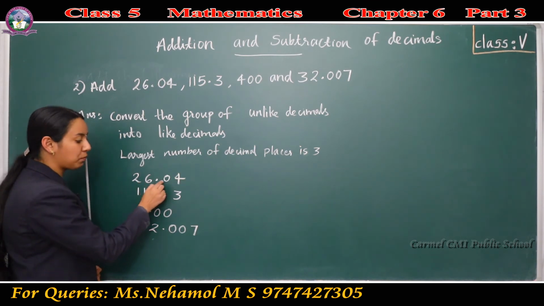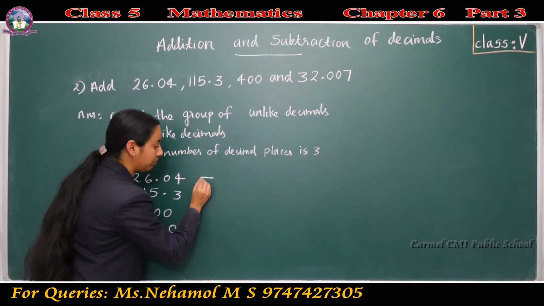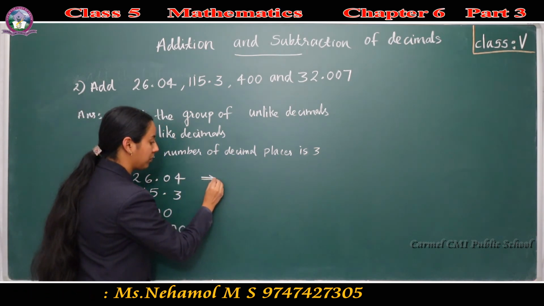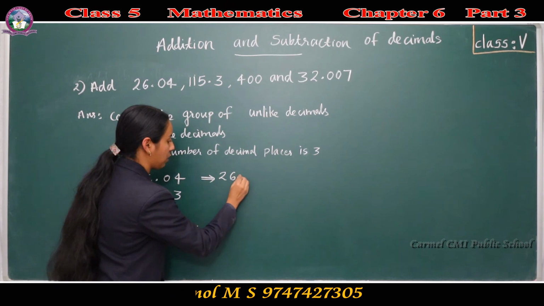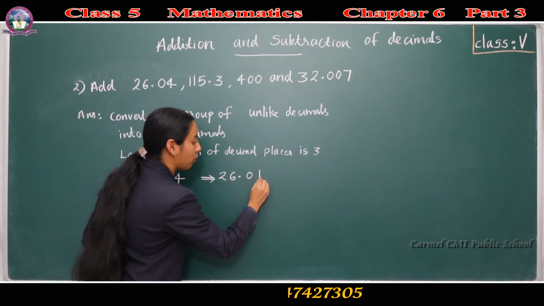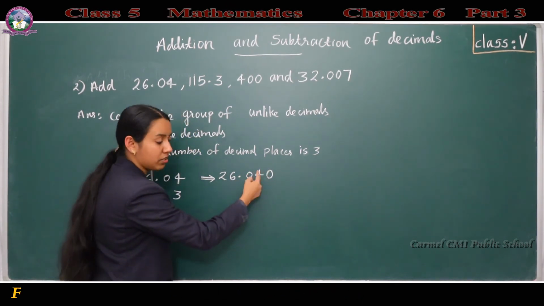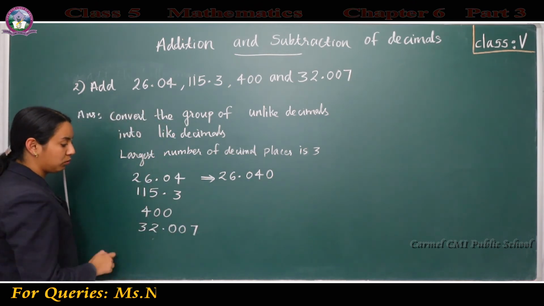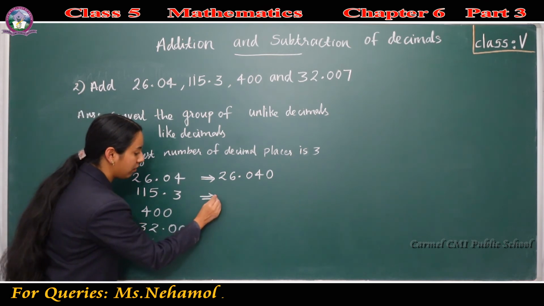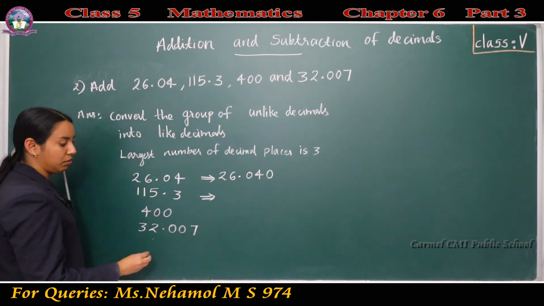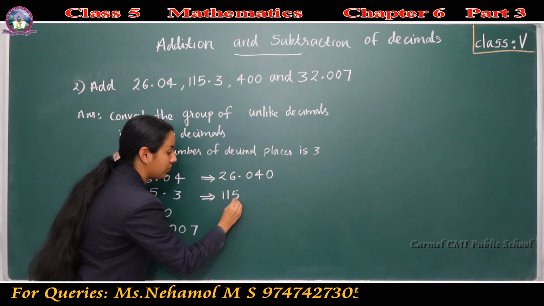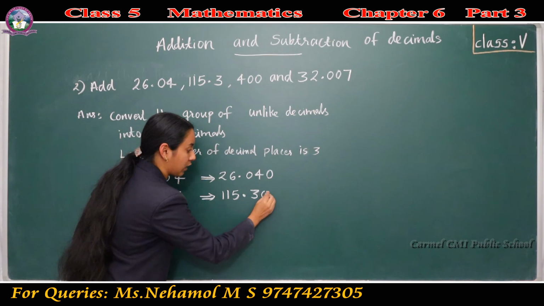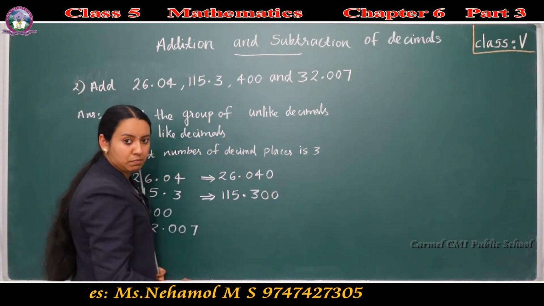So 26.04 will become 26.040. Add 1 zero at last. Now 3 decimal places are there. Then what about the second number? 115.3 will become 115.300. 3 decimal places are there.